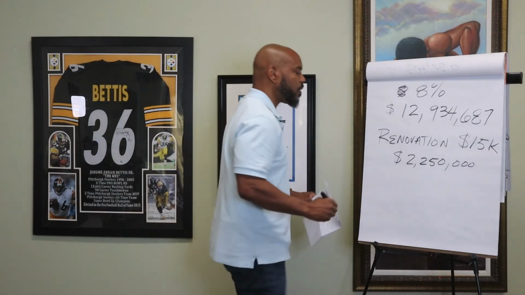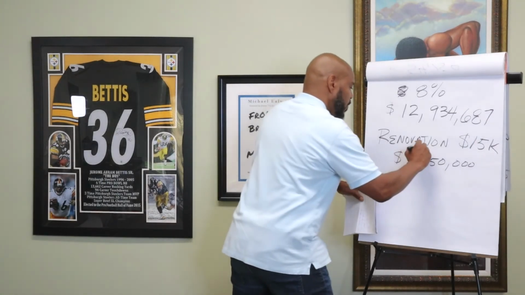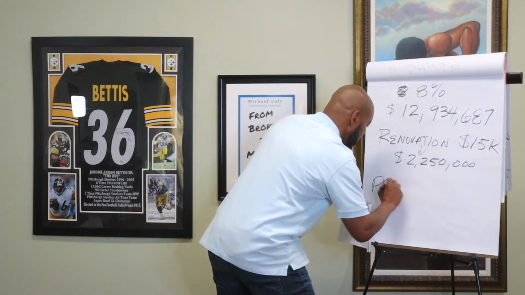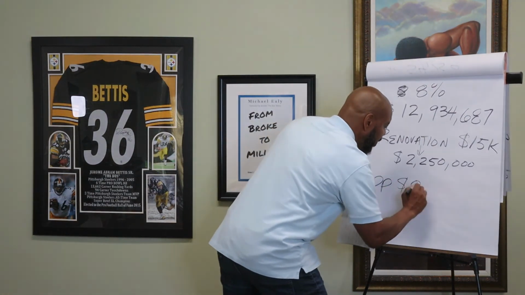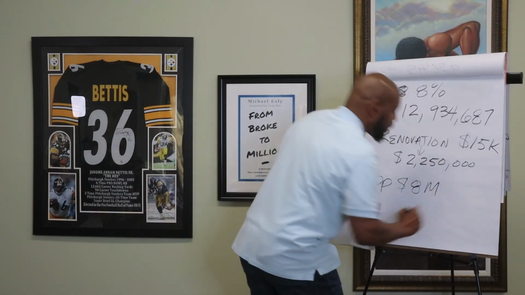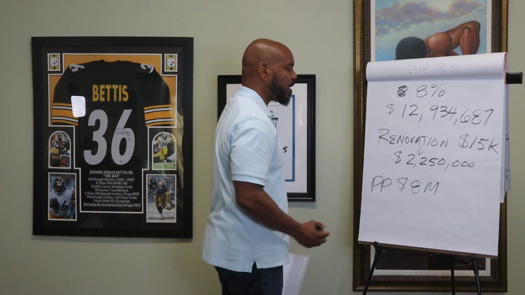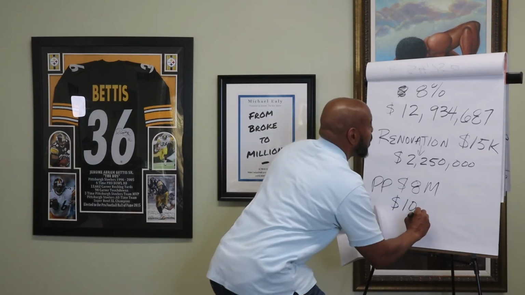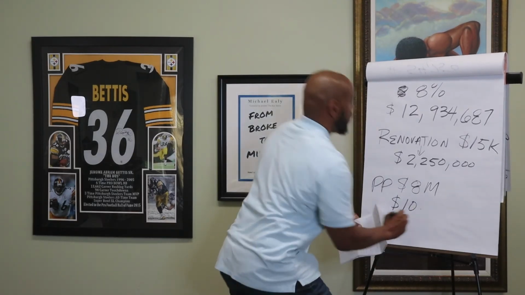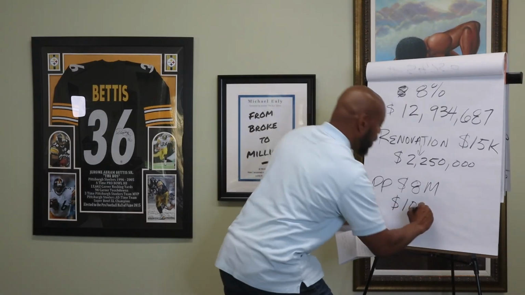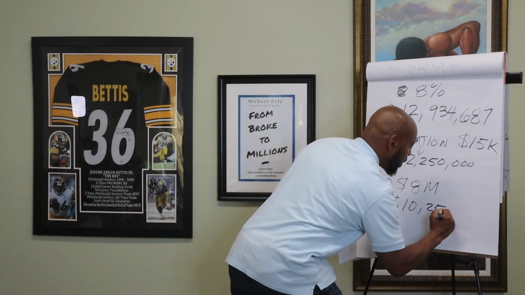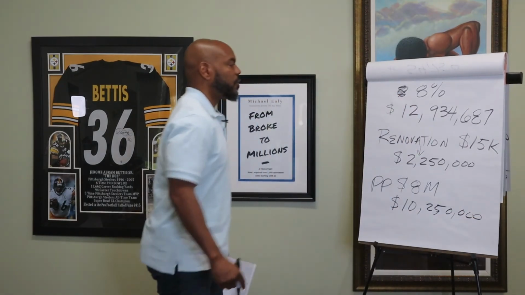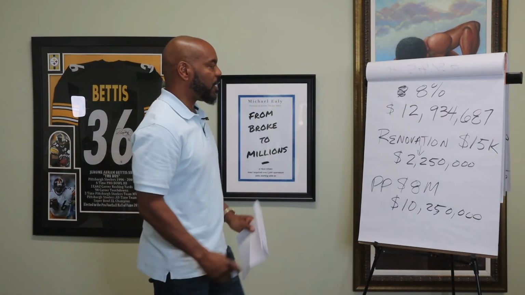And let's say the purchase price, we paid a purchase price of an even $8 million bucks. So we're all in this deal for $10,250,000. So my point is, is this worth a deal?